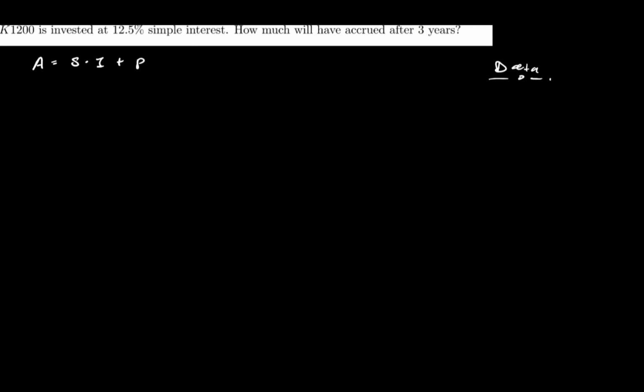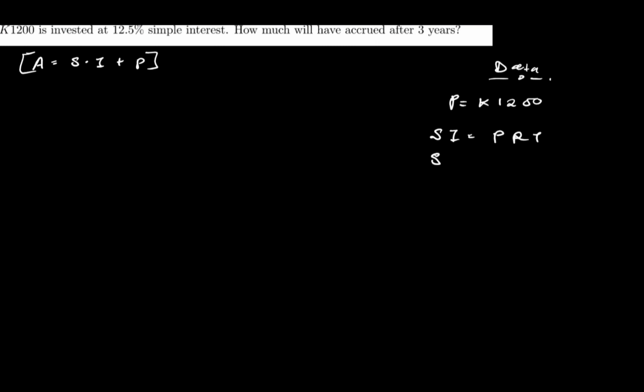So basically what is important for us to do first in the first method is to find the simple interest. We know the principal amount is basically K1,200. What would be the simple interest? The simple interest is equal to PRT. So we have the principal amount multiplied by the rate, then times the duration, which is the period in which the money was invested.